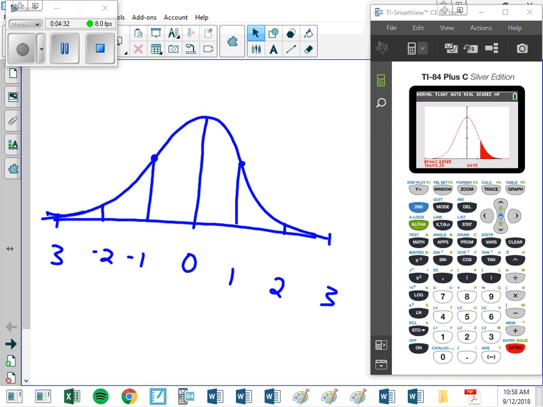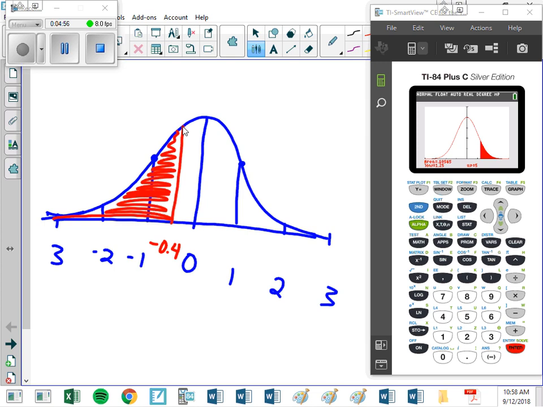Okay. Next problem. To the left of -0.4. So this is -0.4. Okay. I want this area. So I look up -0.4 in my table. There is no -0.4.